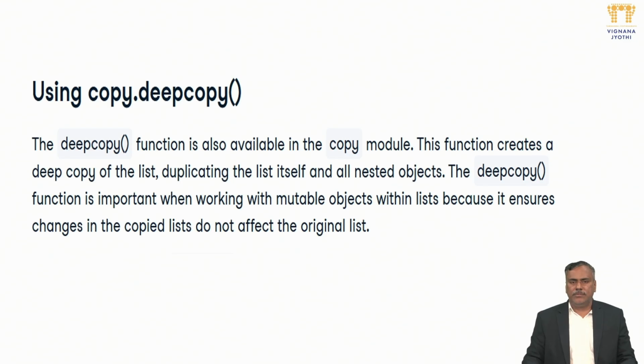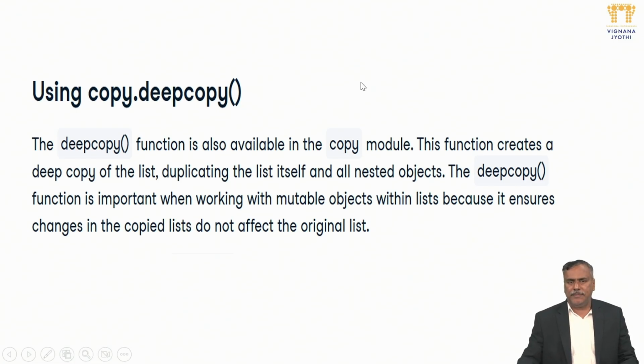Now we are going to discuss deep copy. If you want changes to apply only to the list in which you have made them, then it is nice to use deep copy.